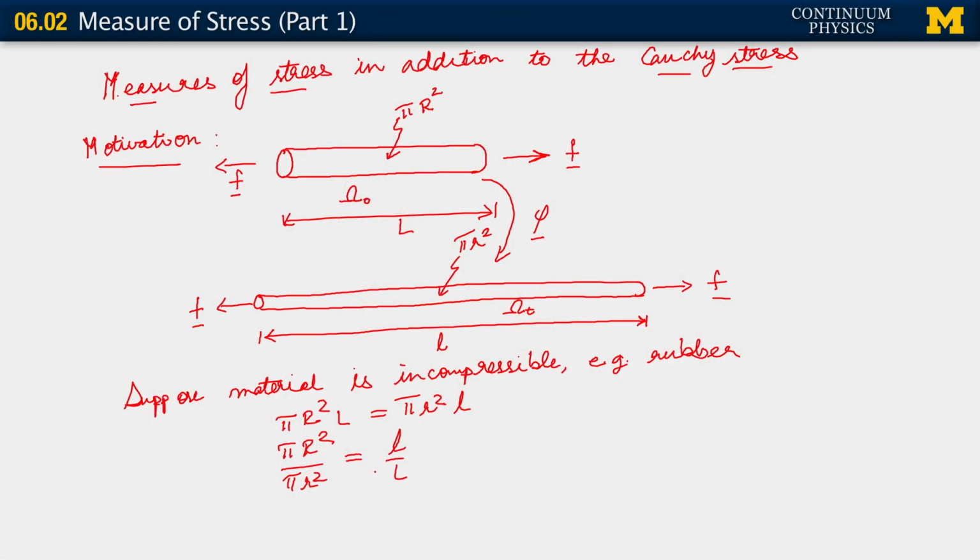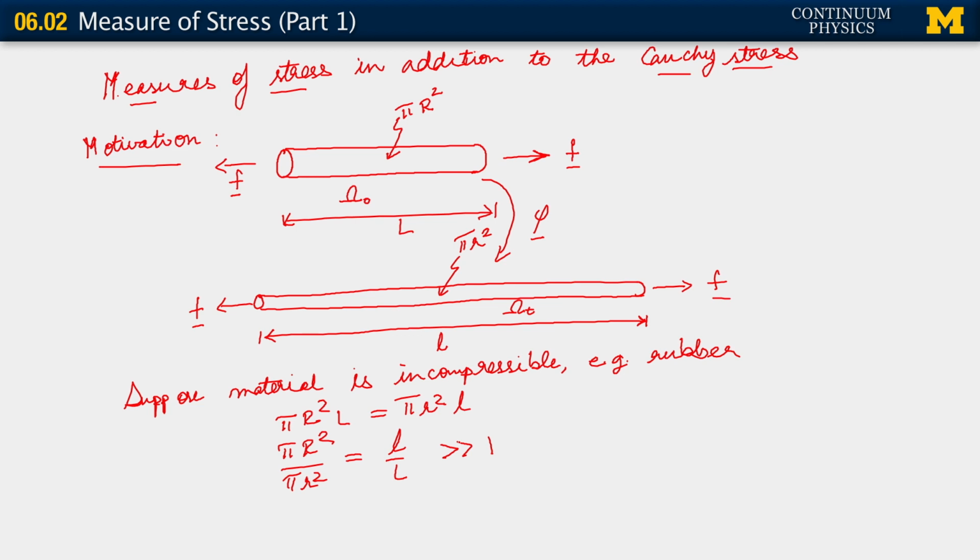And the way I've drawn the figure, and as you can imagine, if you've ever played with a rubber band, rubber stretches a lot, so that ratio little l over L can be big, and therefore so can that ratio of areas, right? Could be very much bigger than 1, all right?